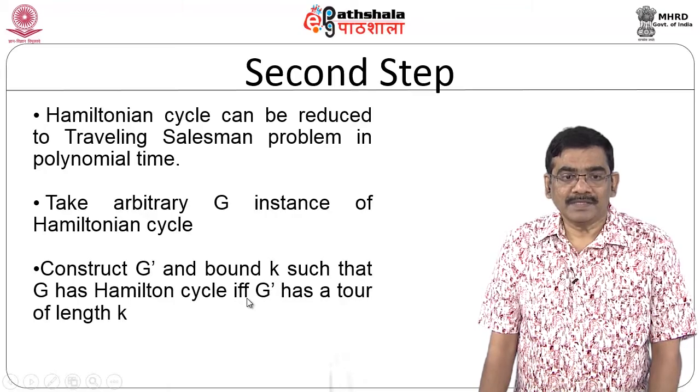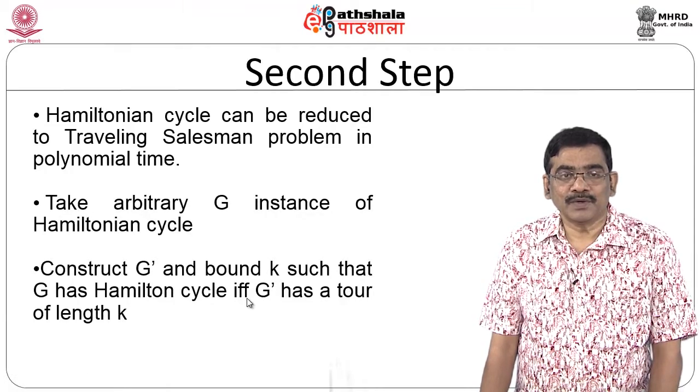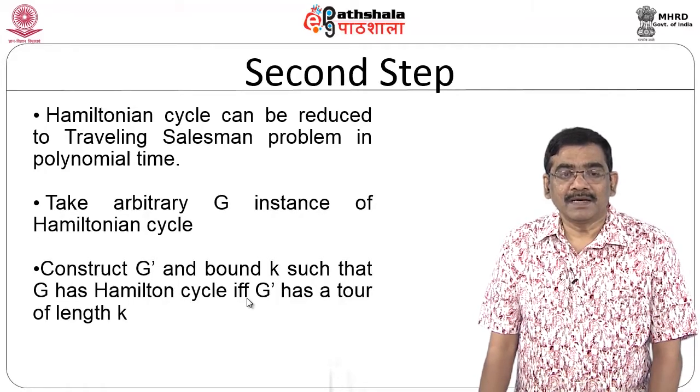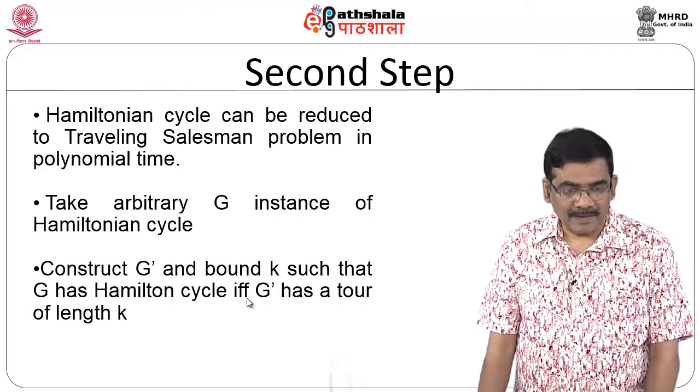So, in other words the traveling salesman will have a tour of length k if and only if the original graph has the Hamiltonian cycle.